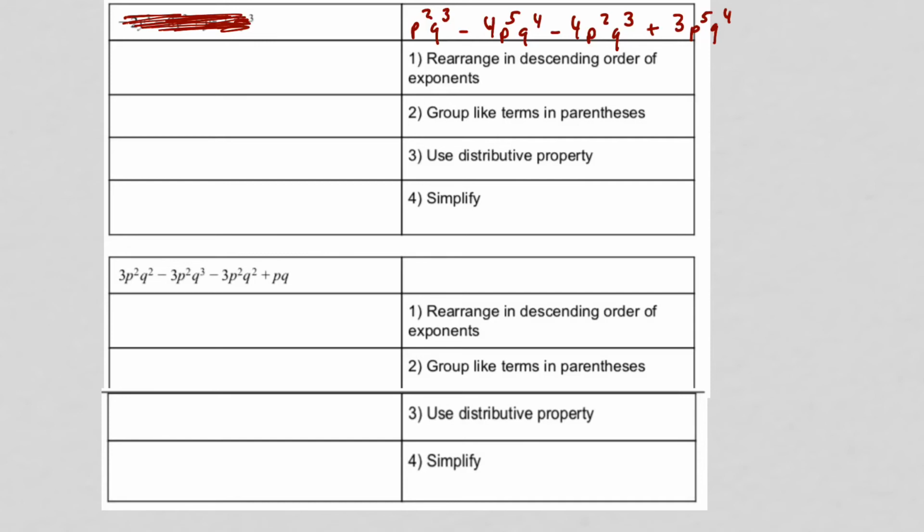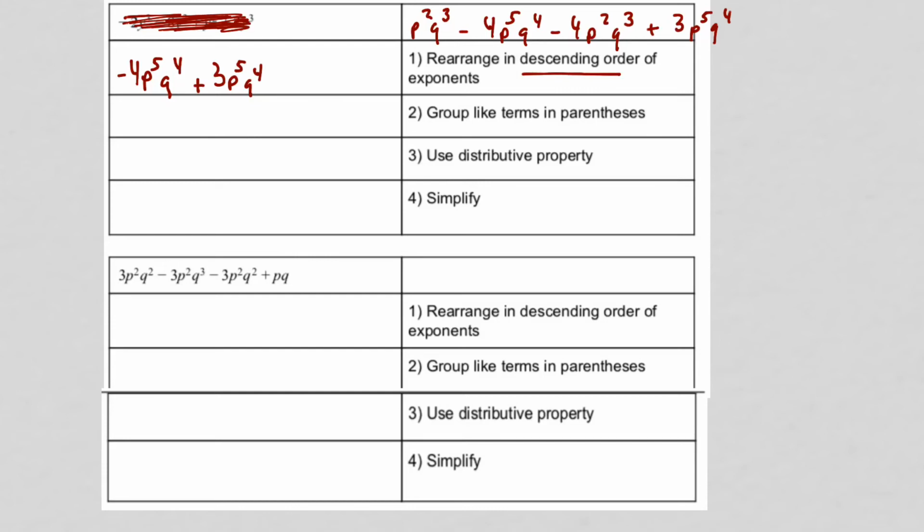And now let's rearrange them in descending order of exponents. So let's see. I think we have p to the fifth is the highest power here. So minus 4 p to the fifth q to the fourth plus 3 p to the fifth q to the fourth.